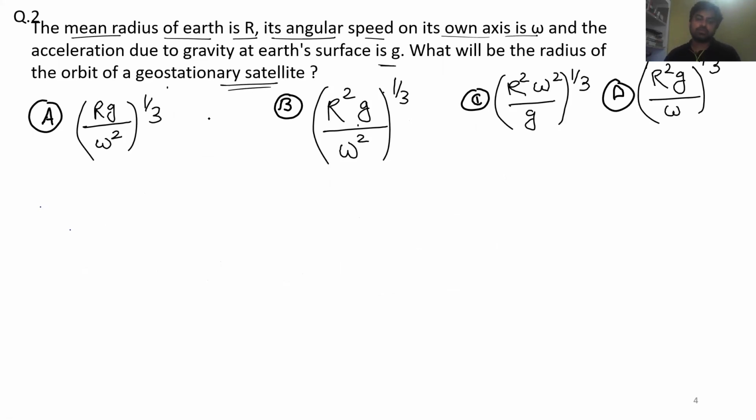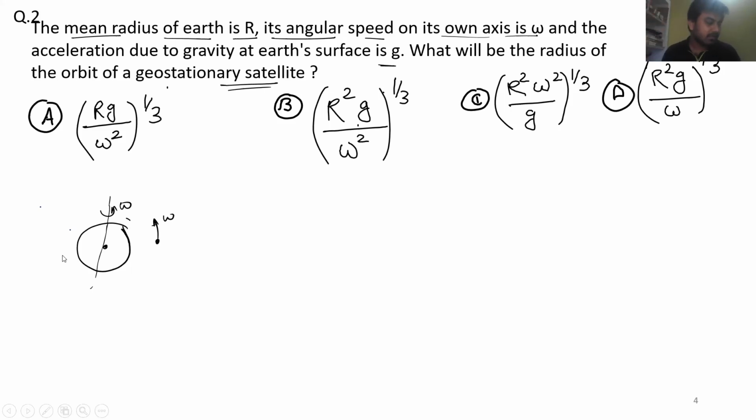First of all, what is a geostationary satellite? Earth is moving with some angular velocity, which is omega. There is one satellite, and this satellite is also moving with omega. That means it will go along with Earth.